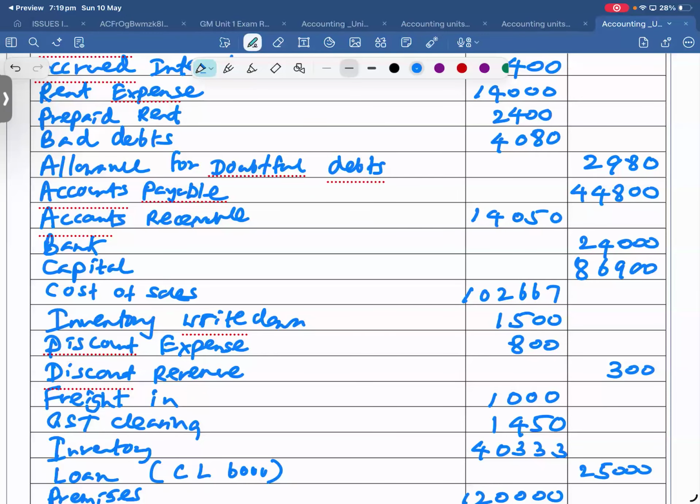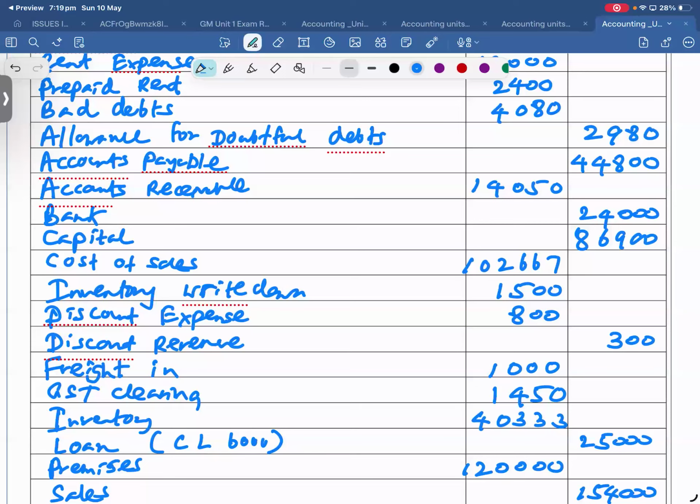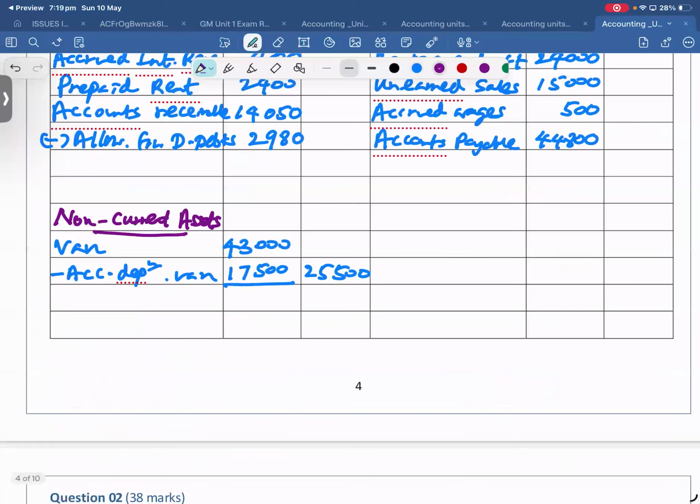Cost of sales, yes? No, capital. Capital is 86,900. Cost of sales 102,667.